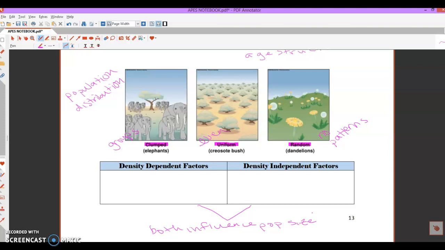Okay? So, in our density-dependent factors, this one basically means that the more organisms, the more animals, the more people there are in a location, the higher chance you have of dying. Okay? So, for this one we say the size impacts the survival rate.